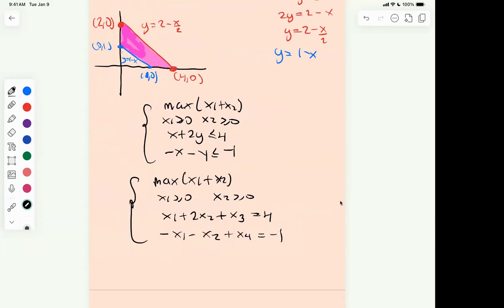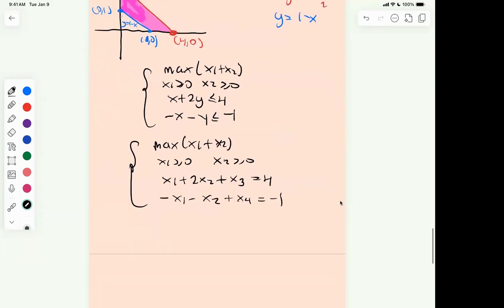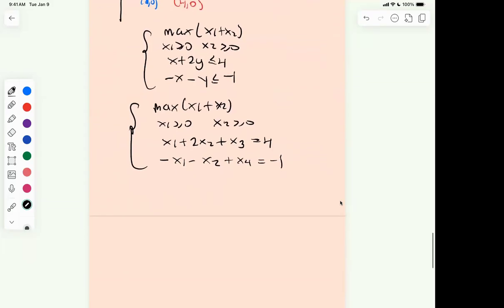Okay, actually, this is a good segue. If you write this into matrix format, right, I'll just do it first, before putting the optimization function: 1, 2, 1, 4, and then -1, -1.